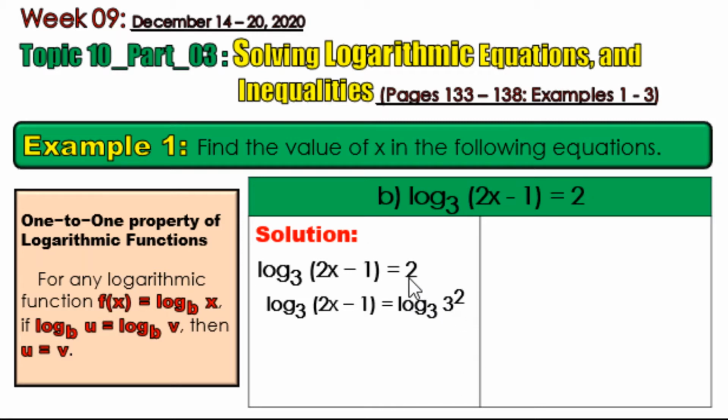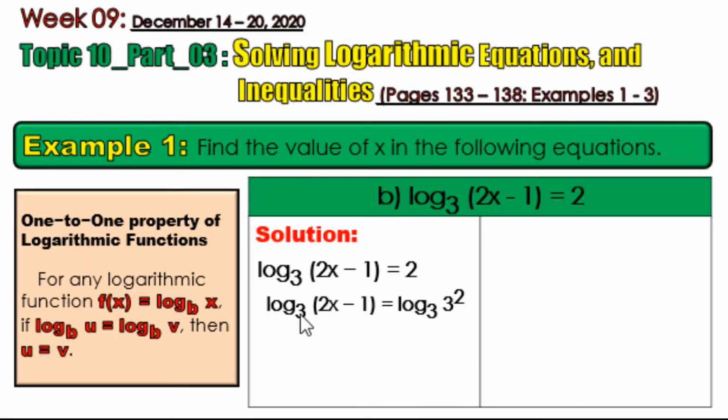Remember, in our basic property of logarithms, when the base of the logarithm and the base of the argument are the same, 3, the value is immediately the exponent, 2. So your 2 can be expressed as logarithm of 3 squared to the base 3.